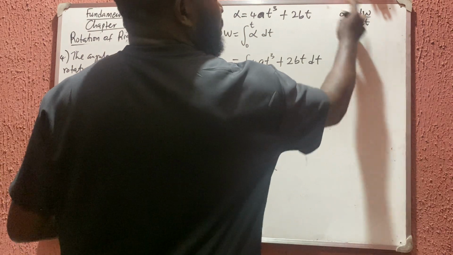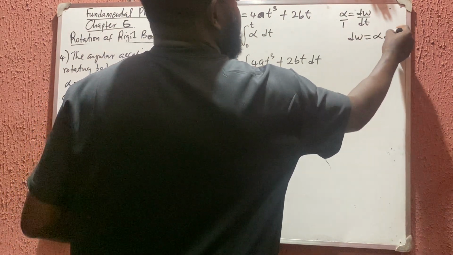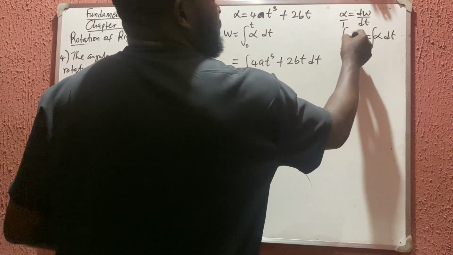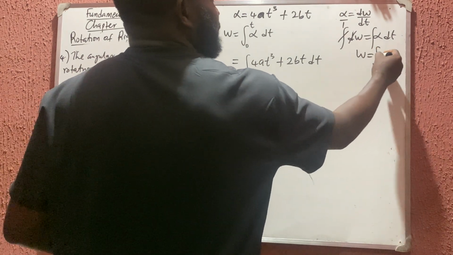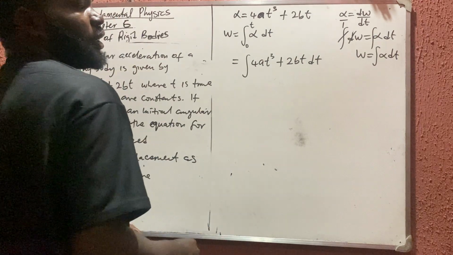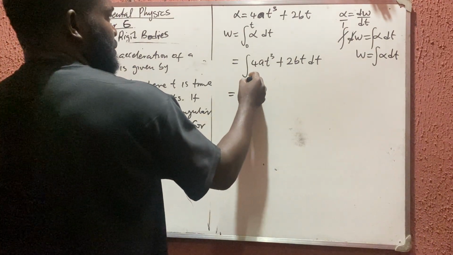Cross multiply here to have that alpha is dw over dt, so dw is alpha dt. If you integrate both sides, differentiation is the opposite of integration, so W will be the integral of alpha dt. So that's how I got this. So now let us integrate from 0 to t.